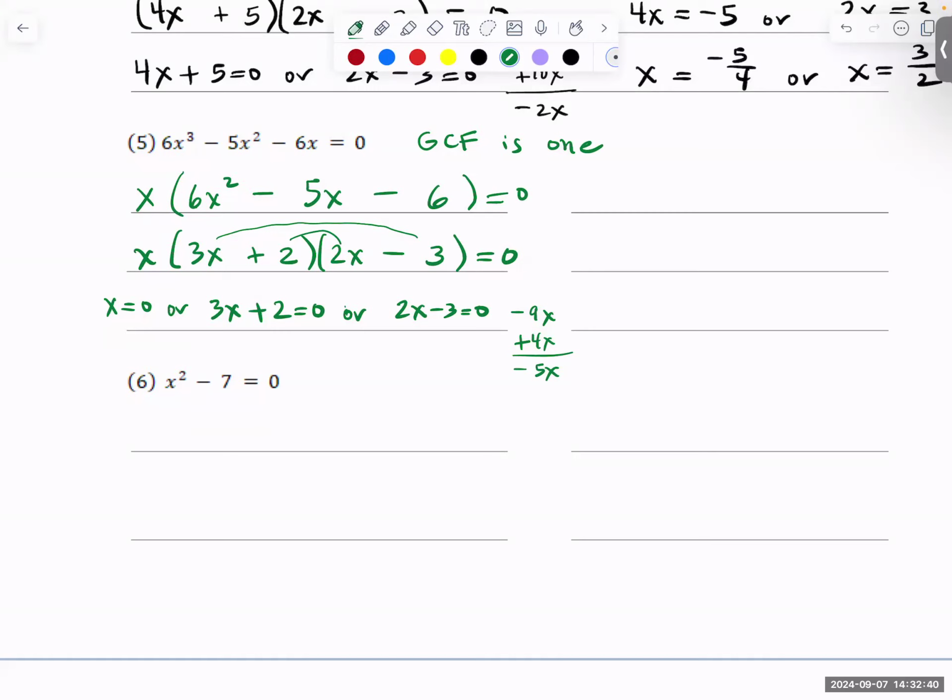Setting 3x plus 2 equals 0, and then subtracting 2, we have 3x equals negative 2, x equals negative 2/3. 2x equals 3, x equals 3/2. So our three solutions, if we order them, ordering is not necessary, but we have negative 2/3, 0, and 3/2.